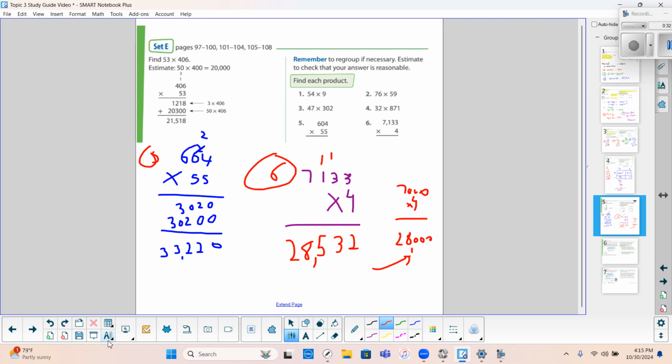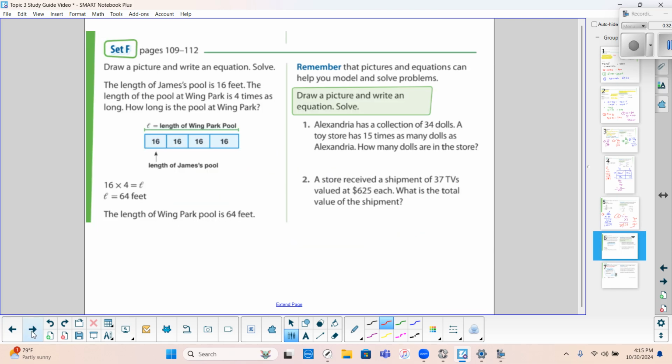All right, let's talk about set F. Let's read the directions. Draw a picture and write an equation to solve. The length of James's pool is 16 feet. The pool at Wing Park is 4 times as long. How long is the pool at Wing Park?